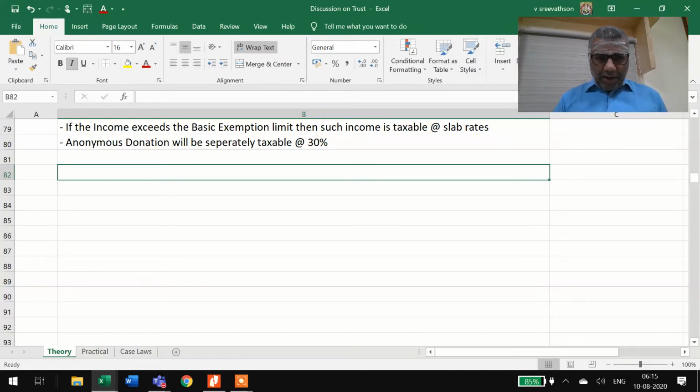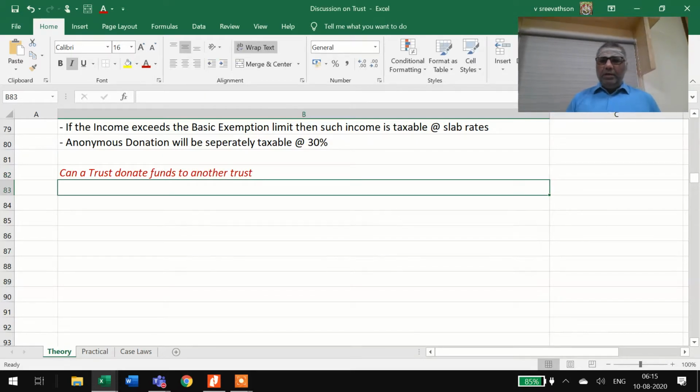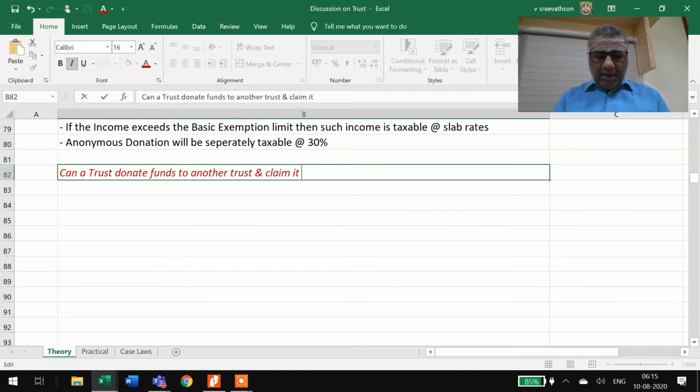As we go by, we keep asking ourselves questions and keep answering those questions. One of the questions now is, can a trust donate funds to another trust and claim it as application?